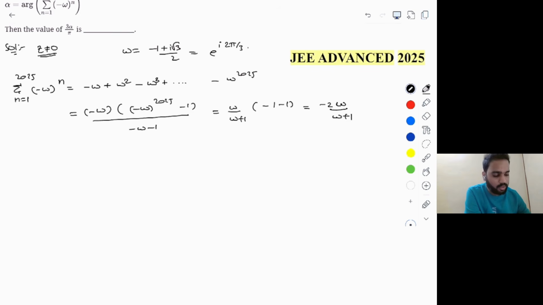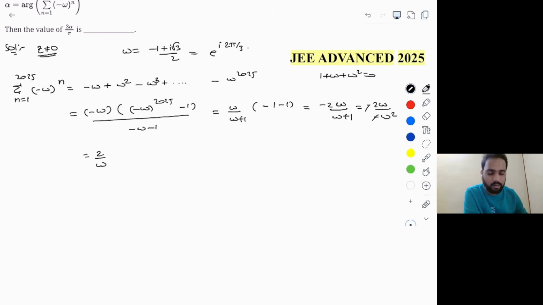And what is one more property that we know about cube roots of unity? It is 1 plus omega plus omega square equals 0. So in place of 1 plus omega, you can now replace minus omega square. So finally what we get is minus 2 omega divided by minus omega square. So the remaining part will be 2 divided by omega.